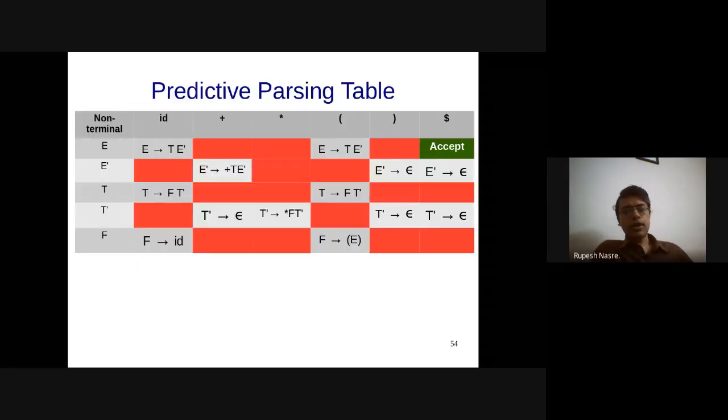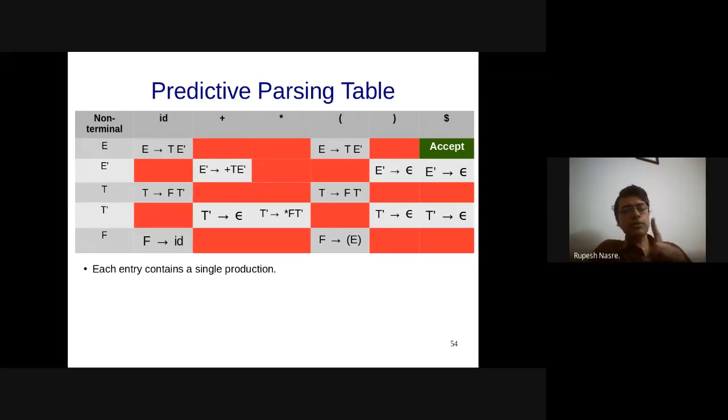So our predictive parsing table for the grammar that we have seen is an LL1 grammar, because we were able to look at the first token coming in, and based on that we were able to make a decision. A few noticing points about this. Each entry contains a single production, that is, maximum one production.